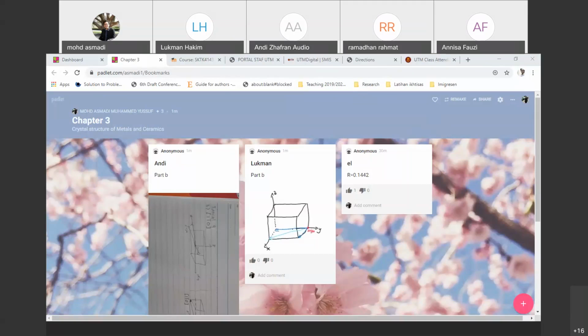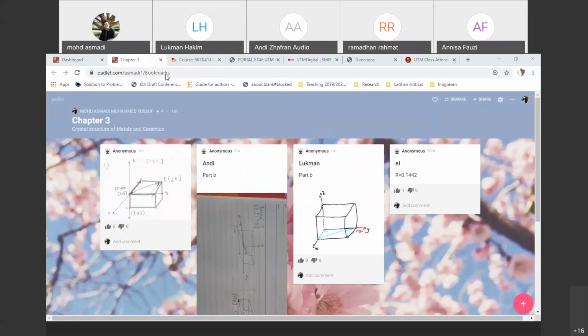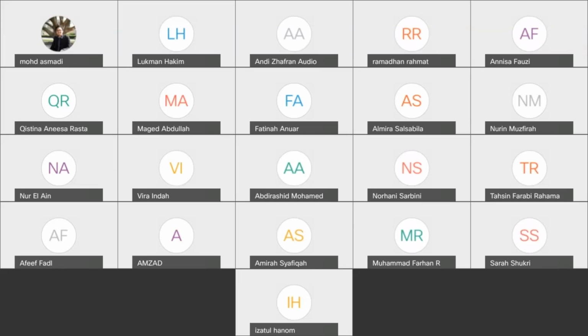So in part B, why we not start from 0, 0, 0? Lukman, can you explain why we not start at 0, 0, 0 to Tahsin? Already explained, right? Lukman, why we not start our origin at 0, 0, 0? I make it a new origin because if I start from 0, 0, 0, the arrow will be outside of the box.